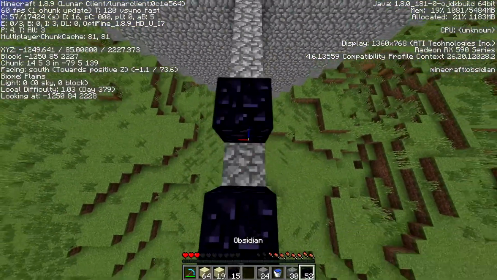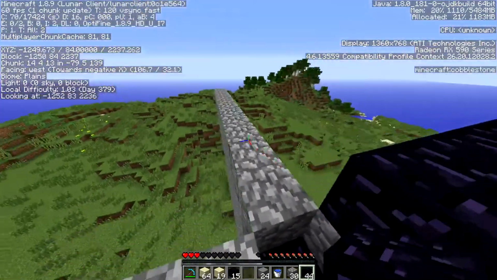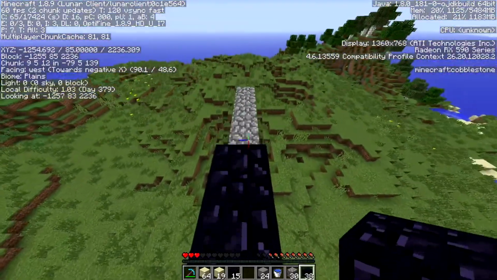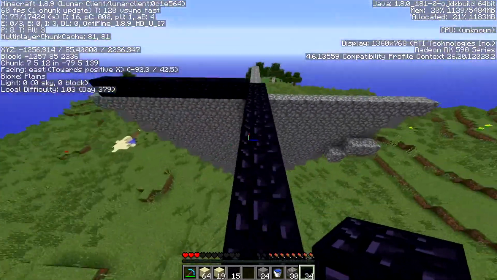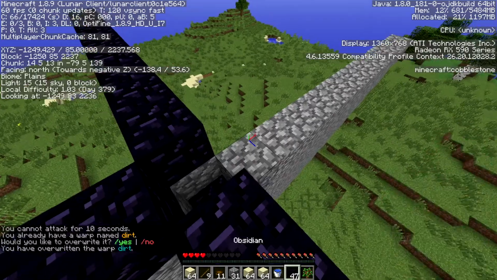So now I'm going to do as I said before, add 10 obsidian blocks out, and then the 11th block is going to be gold.